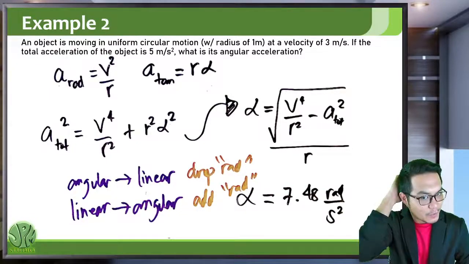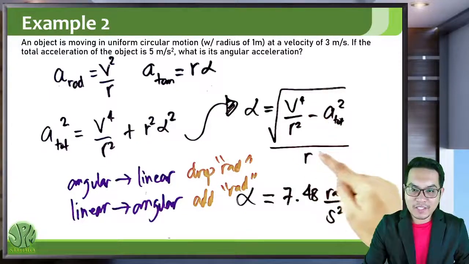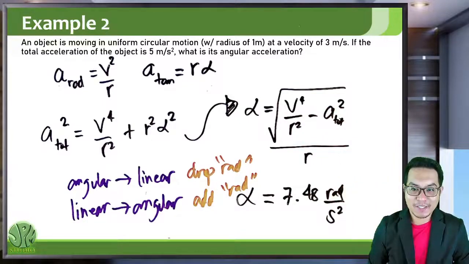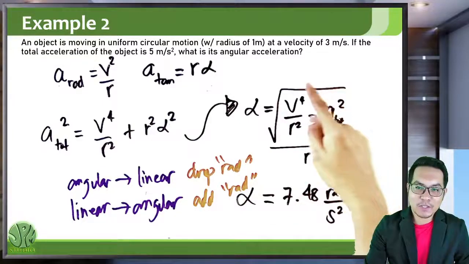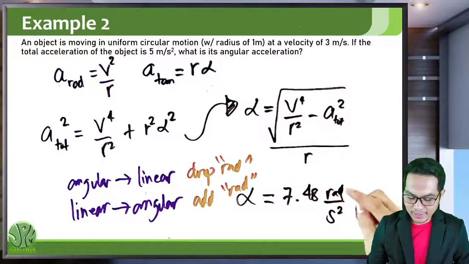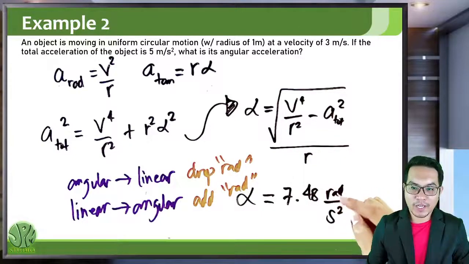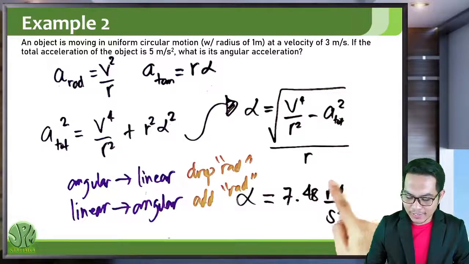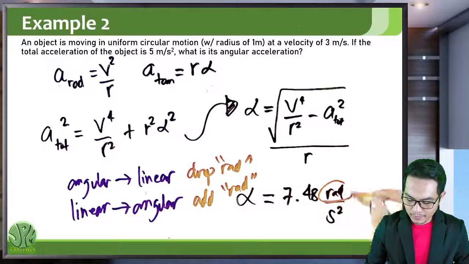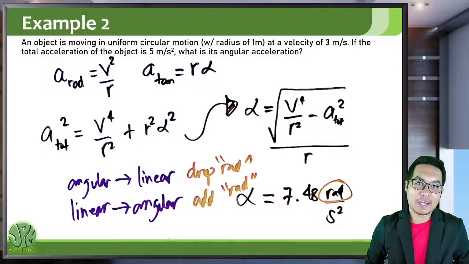So actually here, all of the givens here have no radians. So if you just use the initial units, you will get a value of 7.48 over second squared. So we just added the radians unit here because we are looking for angular acceleration. In the formulation of equations, we usually don't include the unit of pi.